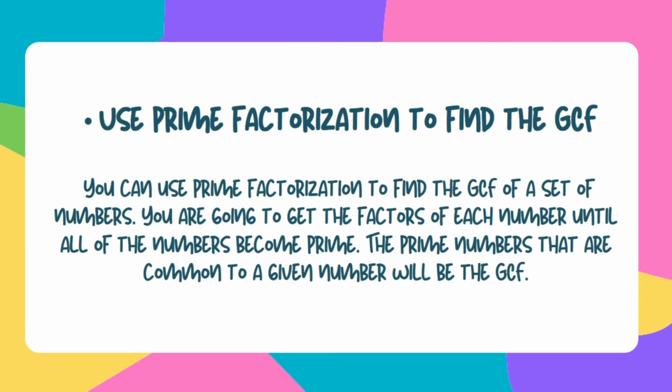Now, we're going to use prime factorization to find the GCF. You can use prime factorization to find the GCF of a set of numbers. You are going to get the factors of each number until all of the numbers become prime. The prime numbers that are common to the given numbers will be the GCF.